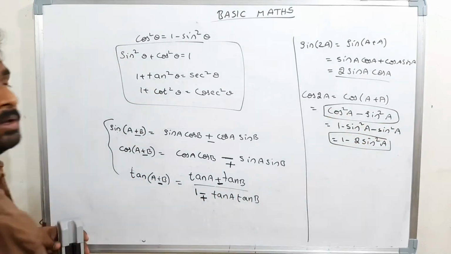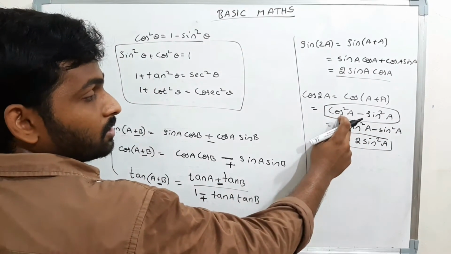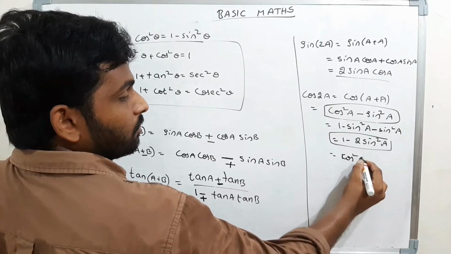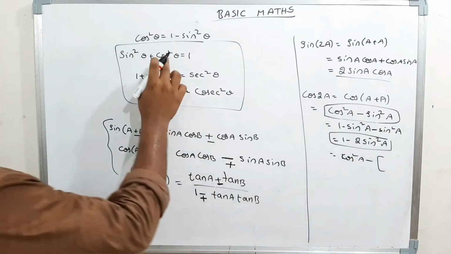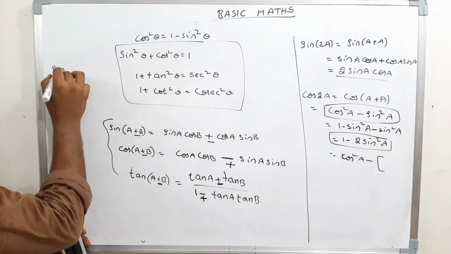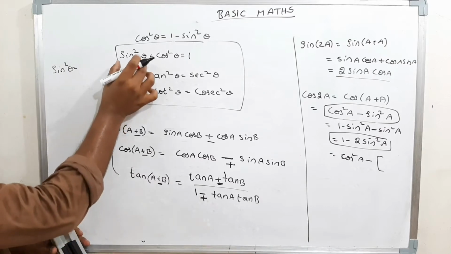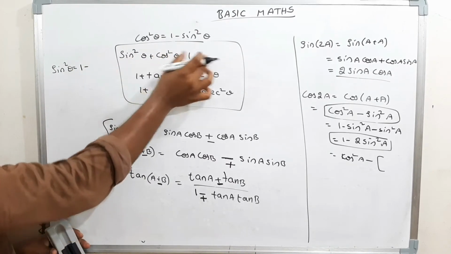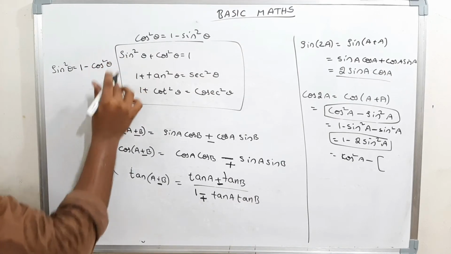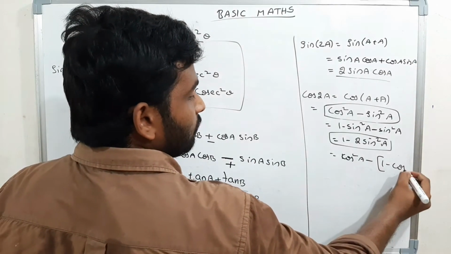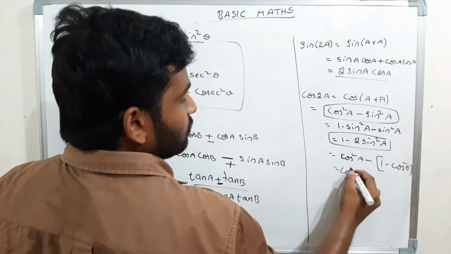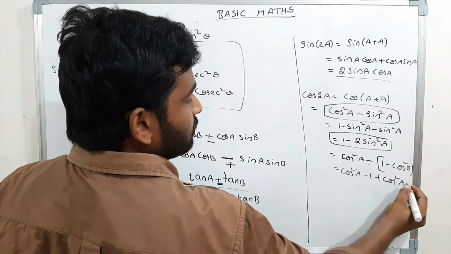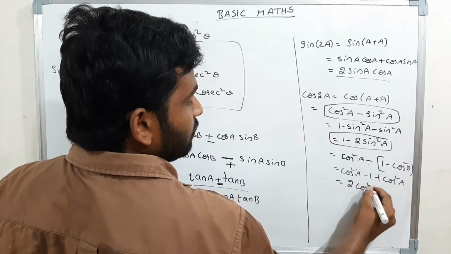Another formula. I converted cos square theta here. Now if I convert sin square theta, sin square theta is nothing but 1 minus cos square theta. So cos square A minus (1 minus cos square A), minus of minus is plus, that is nothing but 2 cos square A minus 1.